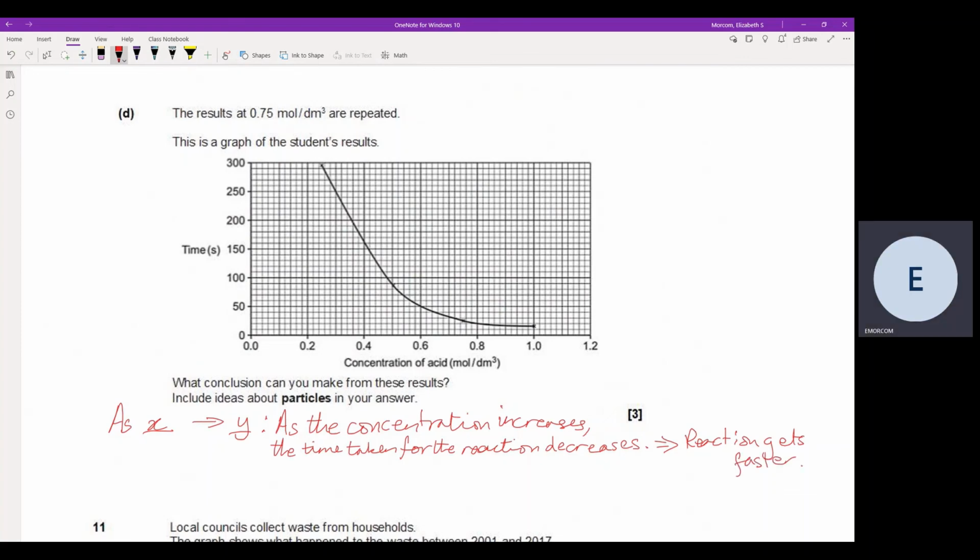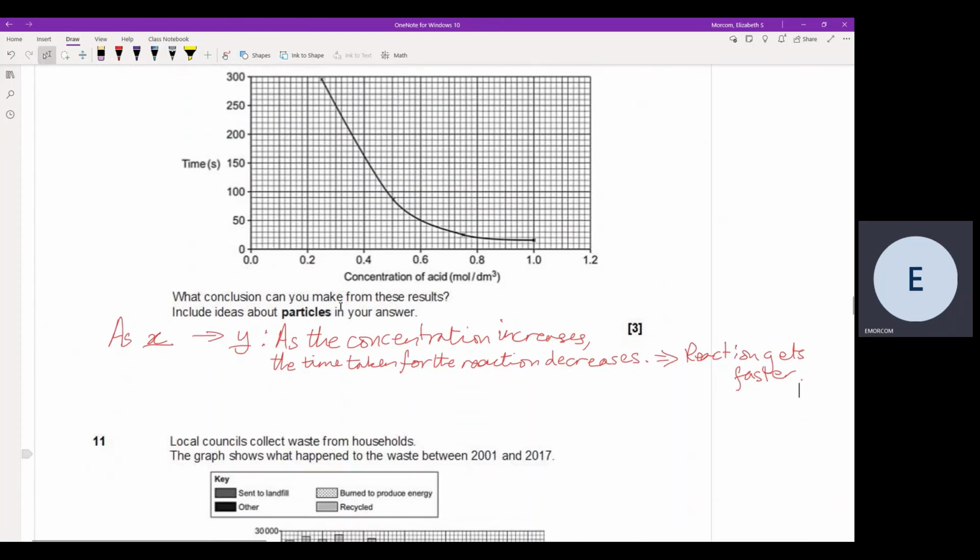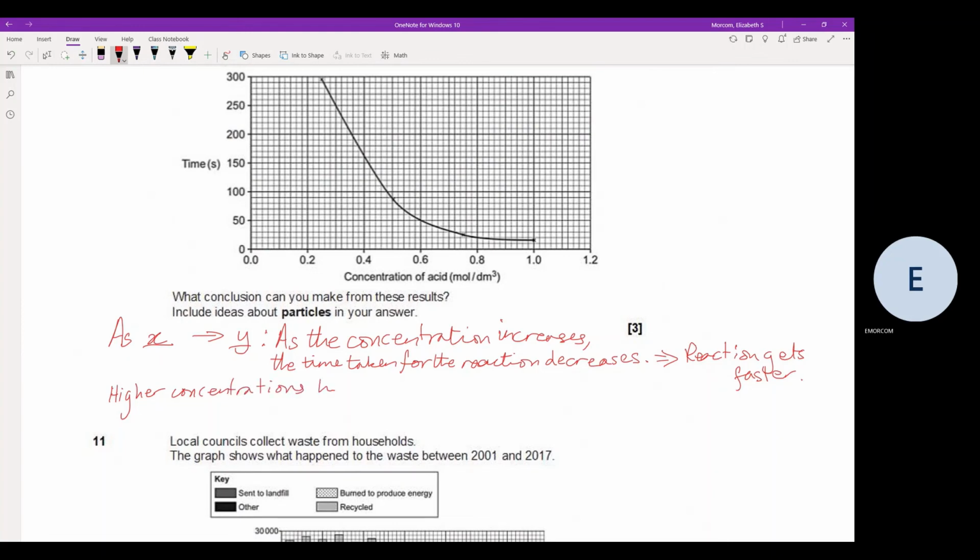Now we need to do our little explanation. When we increase the concentration, we are changing the number of particles per unit volume, and we're making that number bigger. So higher concentrations have more particles in the same volume.